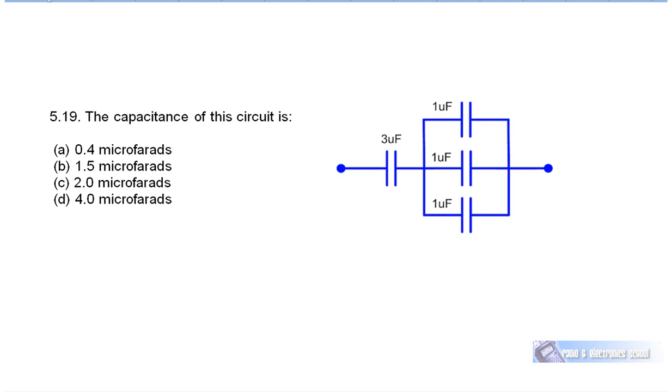5.19. The capacitance of this circuit. Well, the first thing to do, again, we've got a parallel combination here, and we need to replace that parallel combination with a single capacitor. There are 3 1 microfarad capacitors in parallel. That gives you a total capacitance there of 3 microfarads. So in effect, you've got 2 3 microfarad capacitors in series.